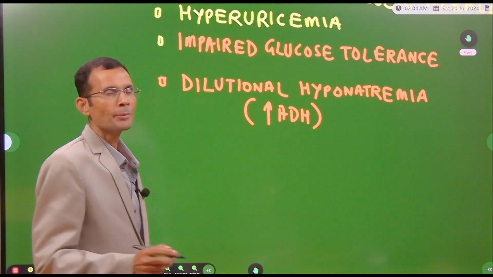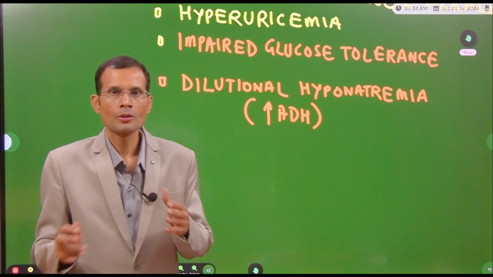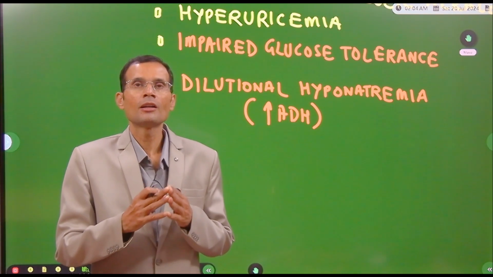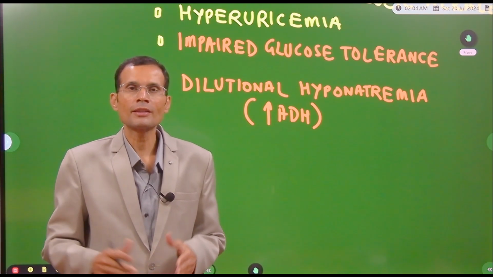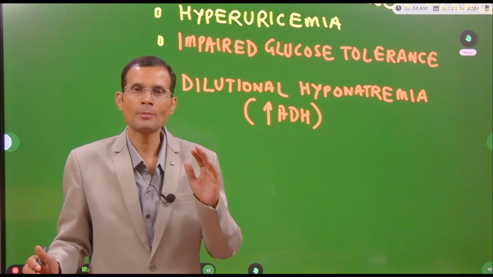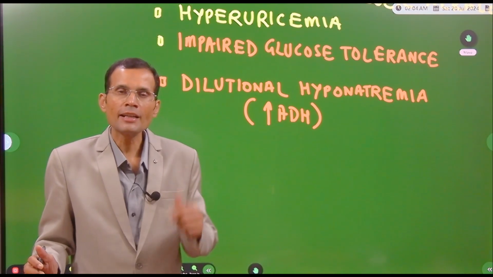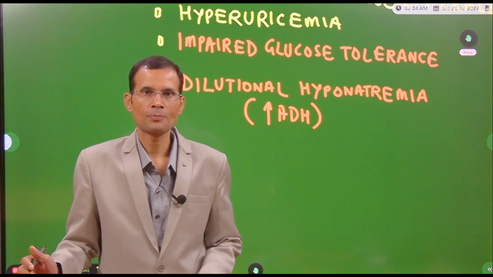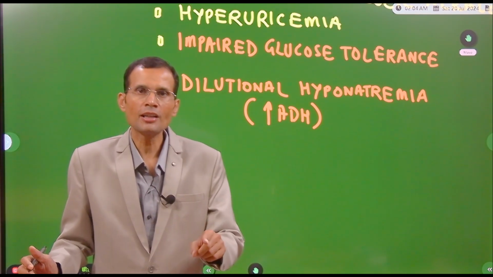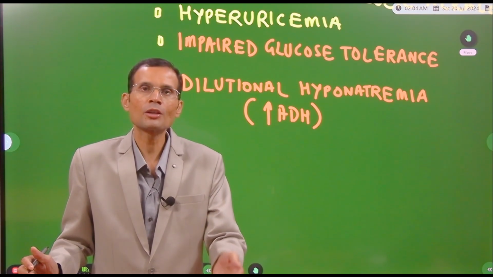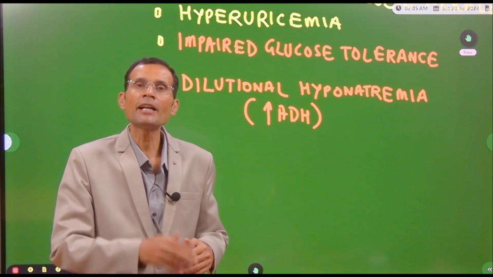Dilutional hyponatremia, yes, this one peculiar side effect has been seen. Why does it happen? Because thiazides decrease the circulating plasma volume, and as a result of that, there is increased release of ADH, and increased ADH will eventually cause increased conservation of water. This is a side effect.